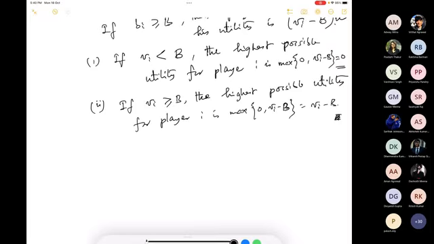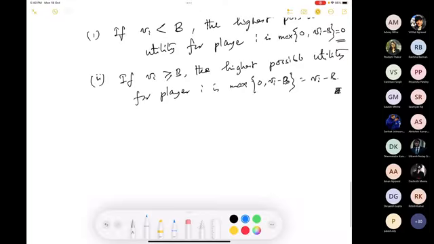But before that, let me write down the theorem of Vickrey without proof. The Vickrey auction satisfies the following.